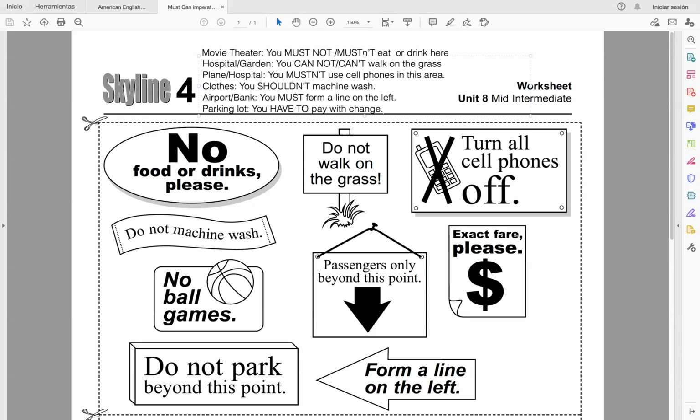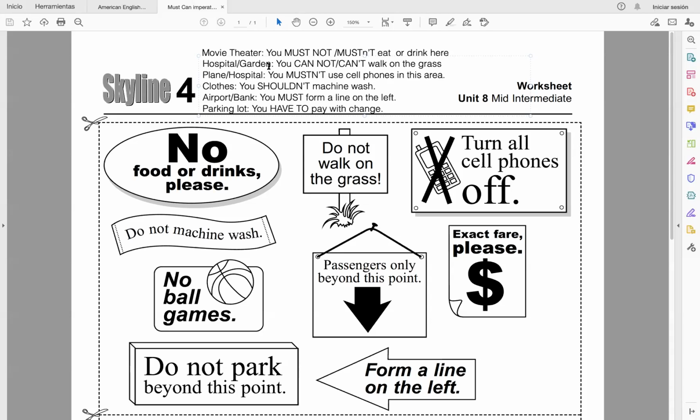Okay, so if you pay attention, there are different signs, different graphical information with some text in some of them, and each sign or label, in a sense, indicates an instruction, an obligation, a prohibition, or a recommendation.